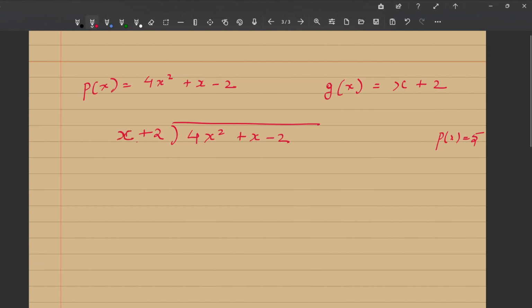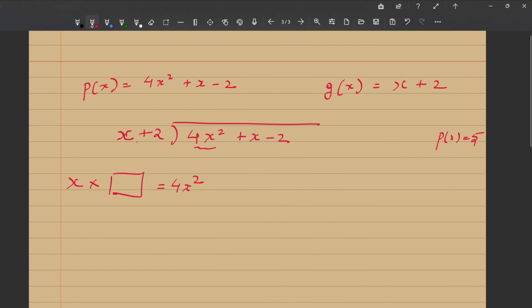So let's go about this. Let us consider the first term, 4x squared. Now let's ignore all the other terms and see the first term. What is a multiple of x which multiplies to give the first term exactly? My question is, what do I multiply x with to give me 4x squared?